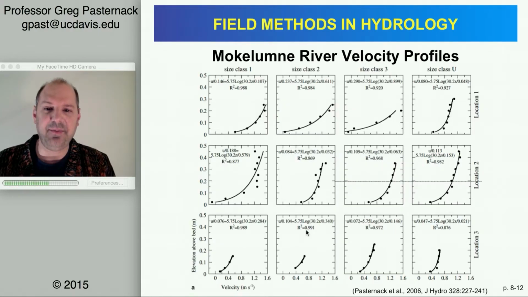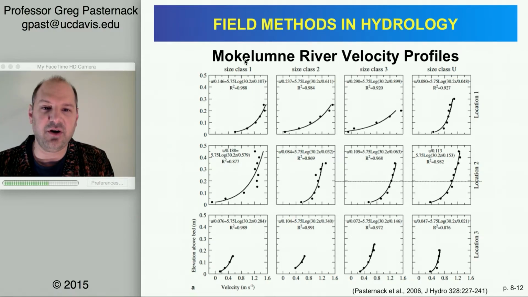And here's some examples of some vertical velocity profiles that we made on the Mokelumne River here in California. And what I've done here is fit equations that show those profiles. So in this case, I'm allowing it to solve for both the roughness and the shear velocity that gives the optimal value.